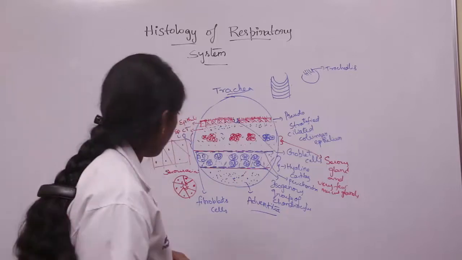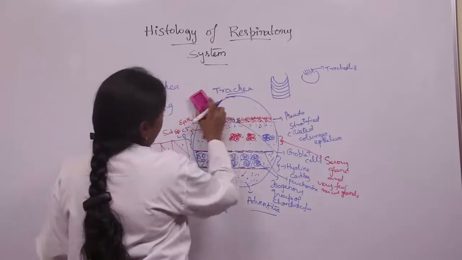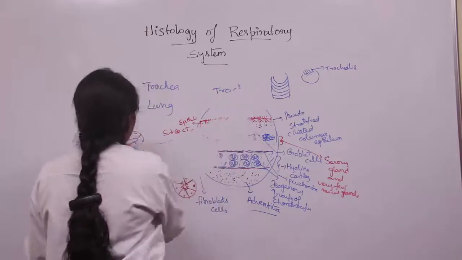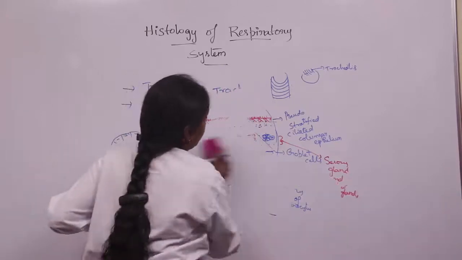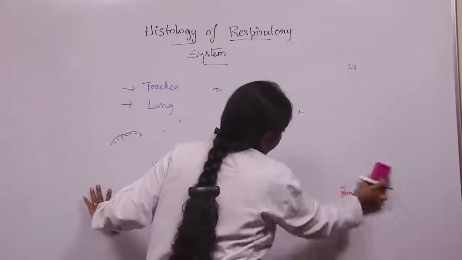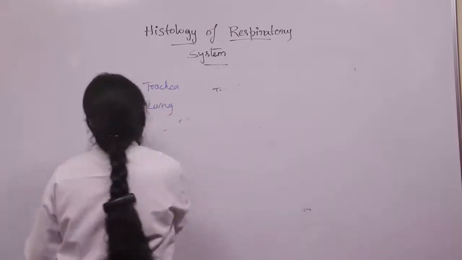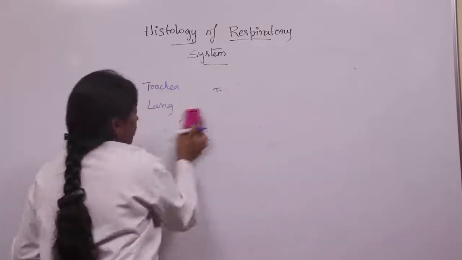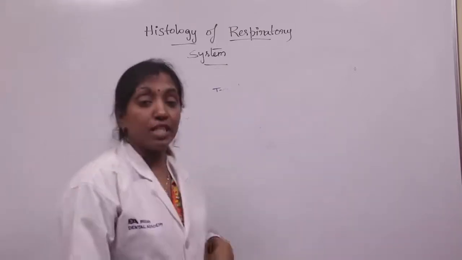And coming to the lung. The trachea divides into two principal bronchi.